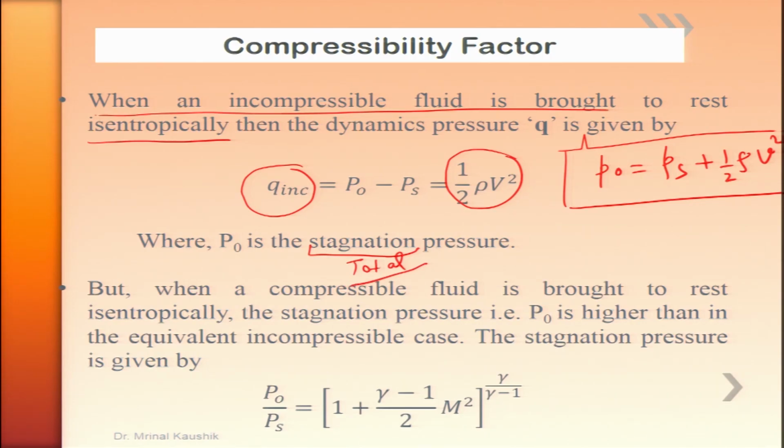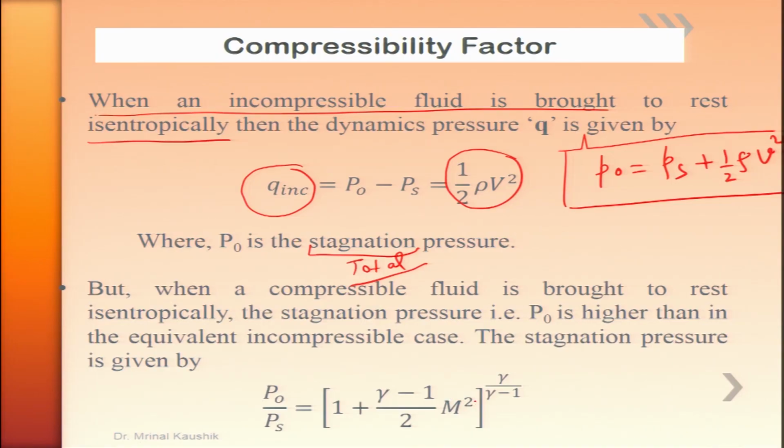Now, if this situation is considered to be compressible, then what happens when a compressible flow in motion is brought down isentropically to rest, that is reversibly and adiabatically? Then the thermodynamic properties, that is pressure, temperature, density, all become with a subscript 0, and we said these are stagnation properties, those thermodynamic properties where the flow speed is 0.